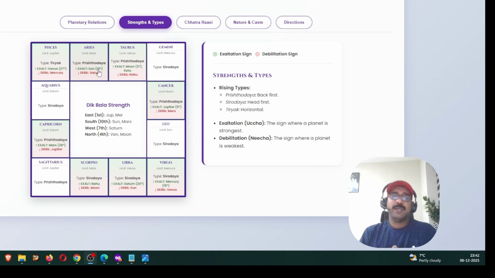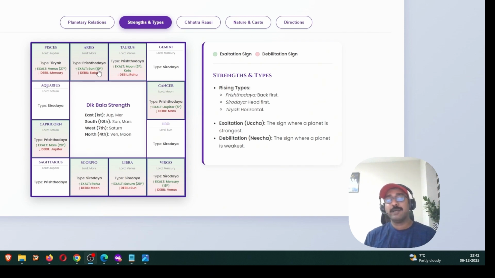Basically, each Rashi has a specific symbol, right? For Taurus the symbol is a bull, and for Gemini it's twins. So if it is rising on the horizon with the head first, for example Gemini will rise with the head of the twins first, and that is called Shirodaya, and that is considered a positive aspect.